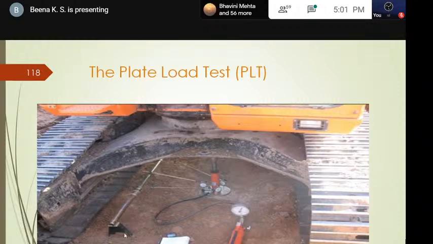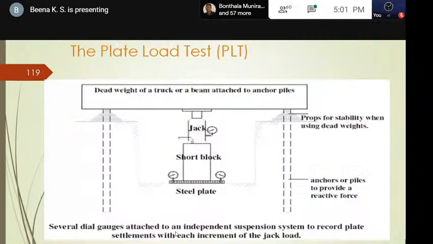The rod is there, disconnected. The dial gauges are connected. Several dial gauges are attached to the independent suspension system to record plate settlement with each increment of the jack load.